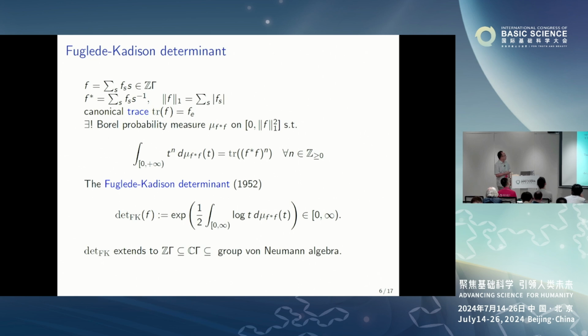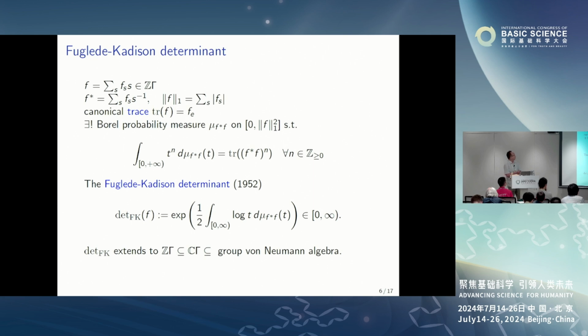We'll also need some norms here. A very simple norm to put is just the one-norm: take the absolute values of the coefficients and add them together. Then there is one very canonical trace for this group ring: you simply take the coefficient at the identity element. Why is it called a trace? When gamma is Z or Z to the d, the group rings are very nice. But once the group itself is not abelian, the group ring is not commutative.